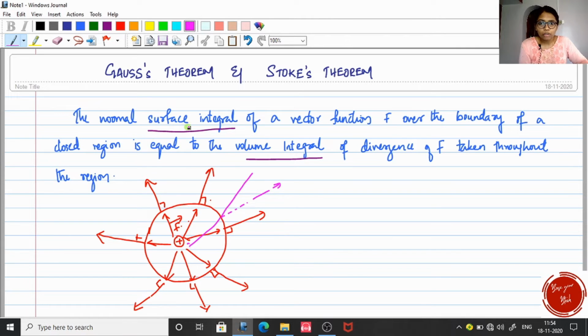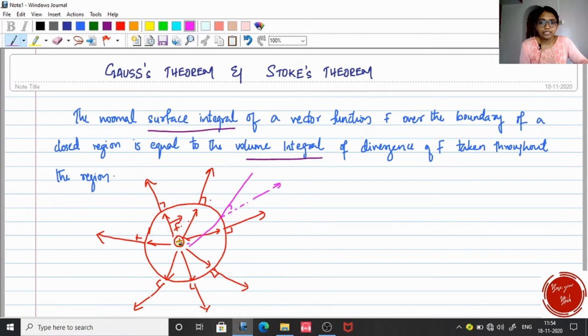So the normal surface integral of a vector function over the boundary of a closed region. Only take the normal component. If there is an inclined electric flux, just take the normal component of that particular inclined flux. So all those normal flux lines taken over the boundary of a closed region is equal to the volume integral of divergence of f.